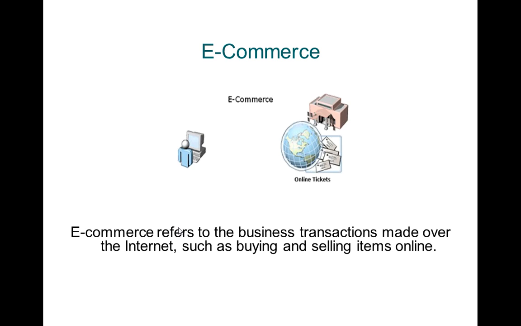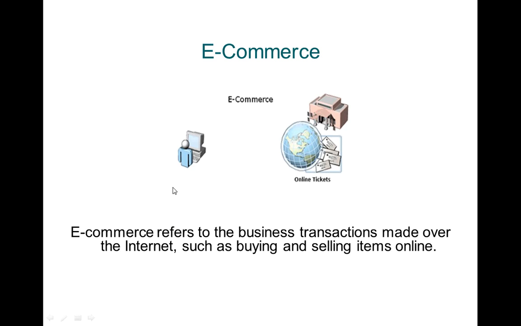And when I add e to commerce, whenever I do the exchange of goods and services with the help of the internet, with the help of online, that is known as e-commerce, that is electronic commerce. So the full form of e-commerce is electronic commerce, means using the internet we can buy or sell goods and services.